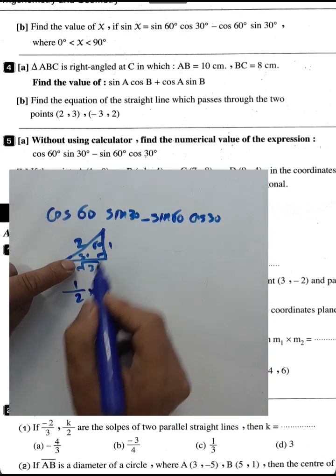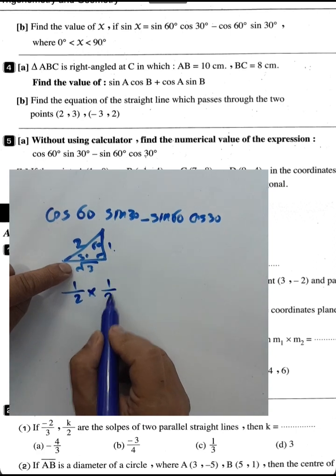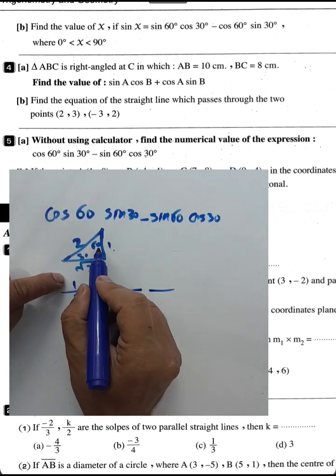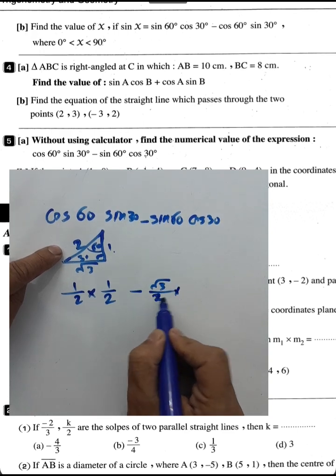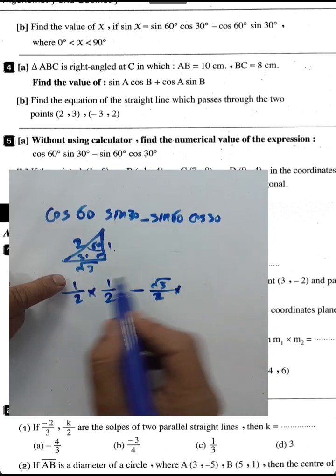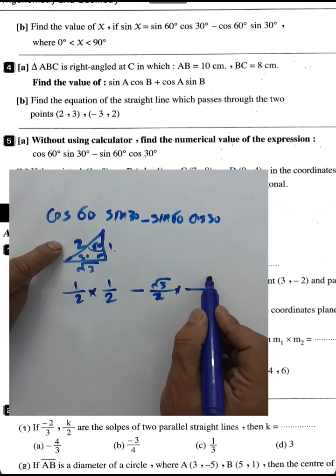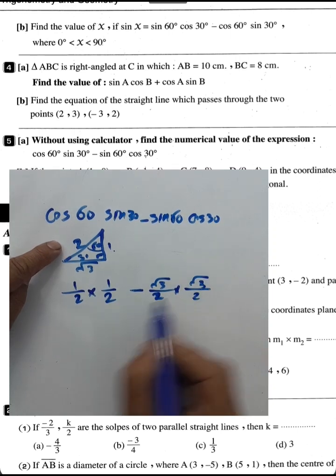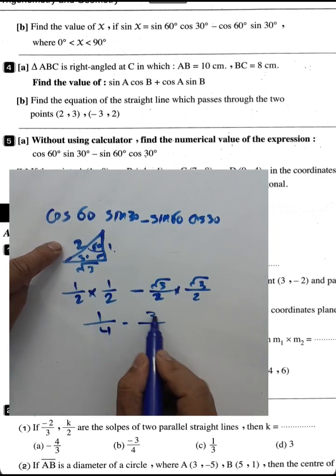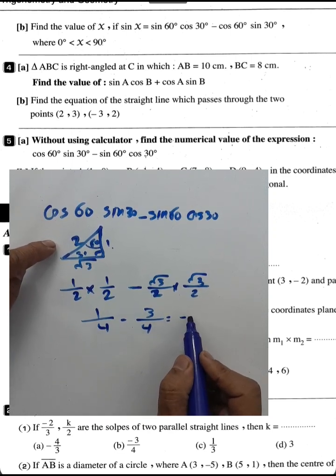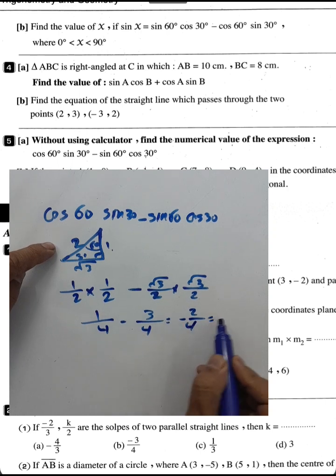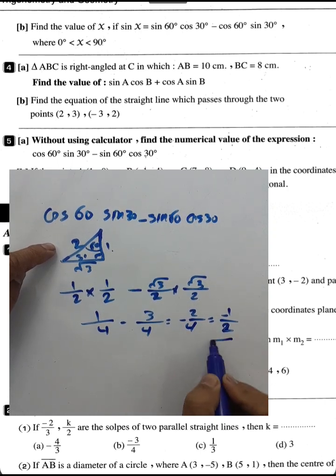Sine 30 is 1 over 2. Sine 60 is root 3 over 2. And cosine 30 is adjacent over hypotenuse. 1 over 4 subtract 3 over 4. We can find the result between them: it will be negative 2 over 4, which is negative 1 over 2.